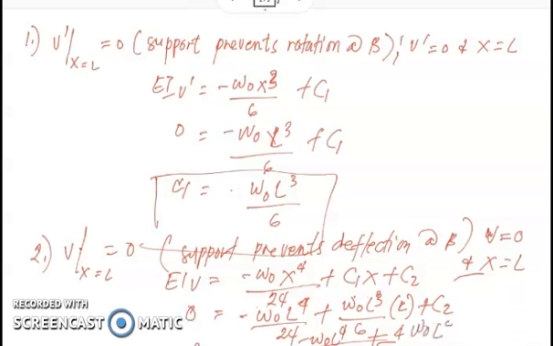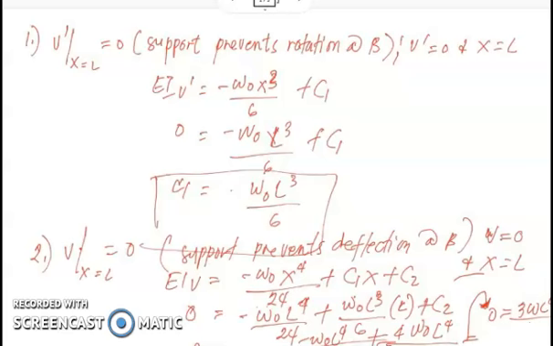We simplify this, and we get 0 is equal to 3 w sub o L to the fourth all over 24, plus c sub 2.